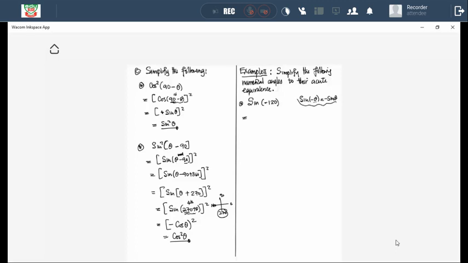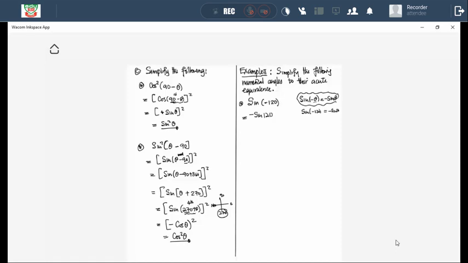So I can take this as an identity, meaning the left hand side is the same as the right hand side. If I'm given any negative angle, like sine negative 120, it means this is the same as negative sine 120, following that pattern.